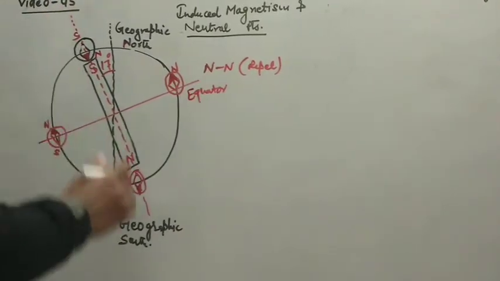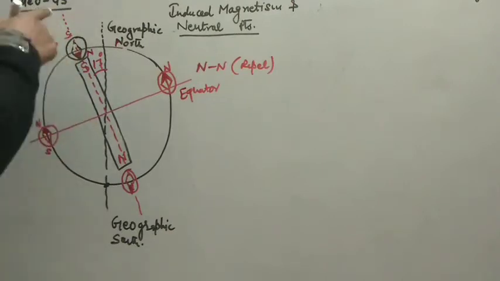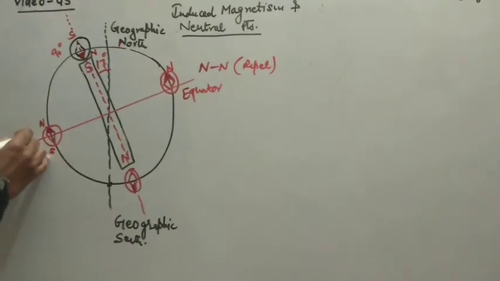And at the poles, it is making an angle of 90 degree with the horizontal, and here it is parallel, or makes an angle of 0 degree with the horizontal.